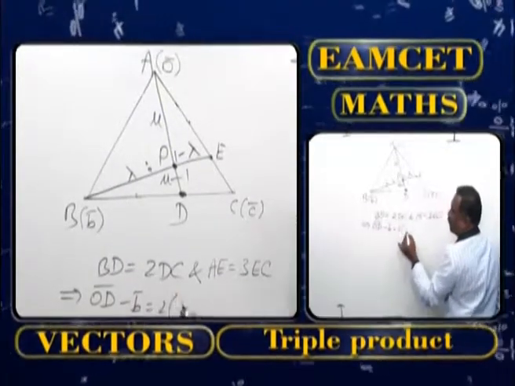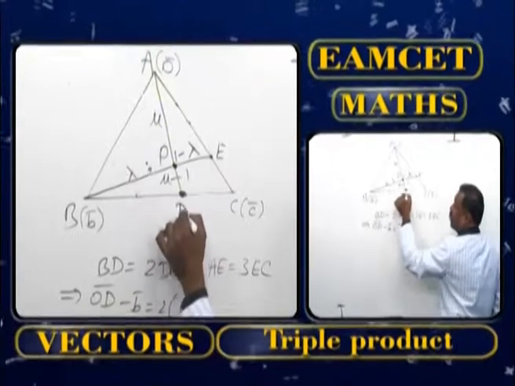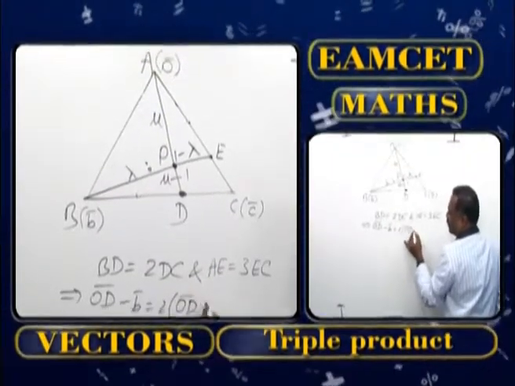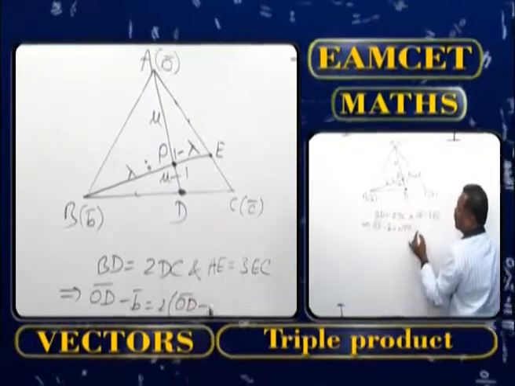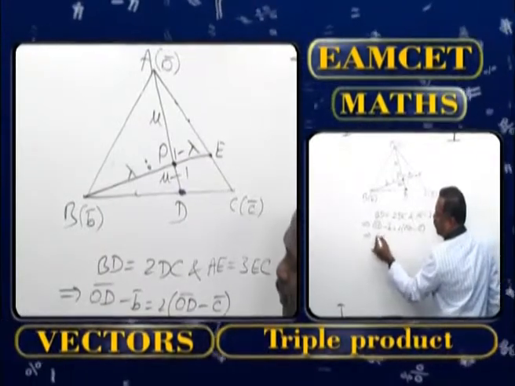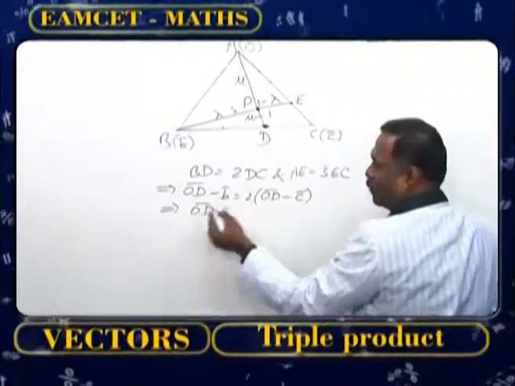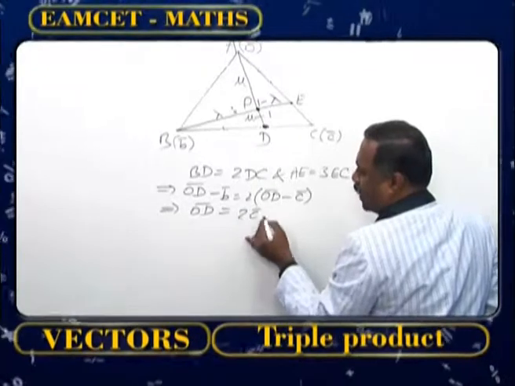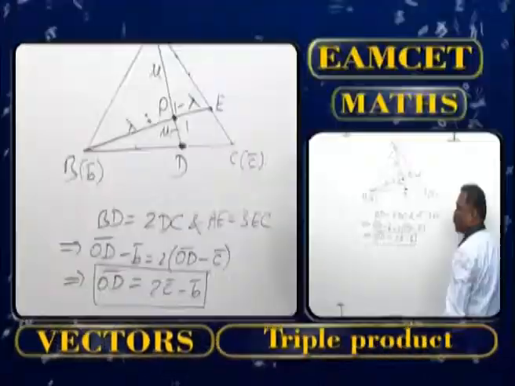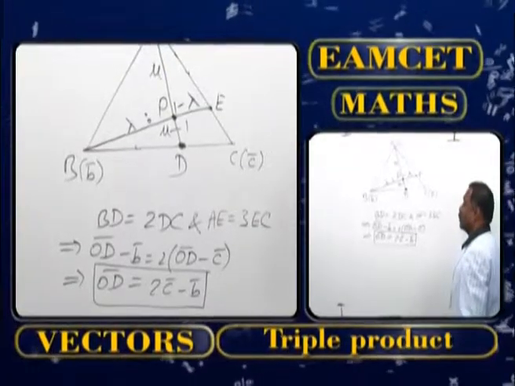Twice of OD minus OC, so this is OD, nothing but 2OC minus OB. What is OC? C bar. So from this one you can understand OD bar is nothing but 2C bar minus B bar. OD bar you have got to be 2C bar minus B bar.